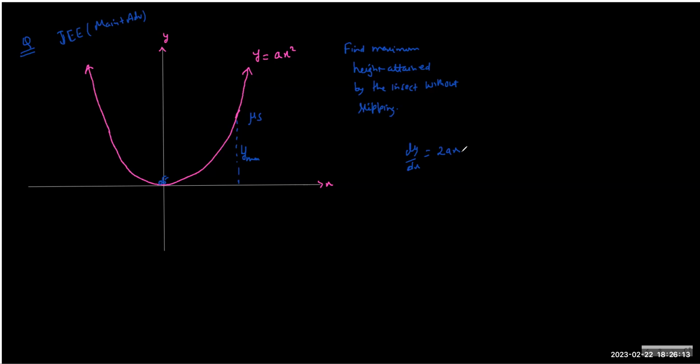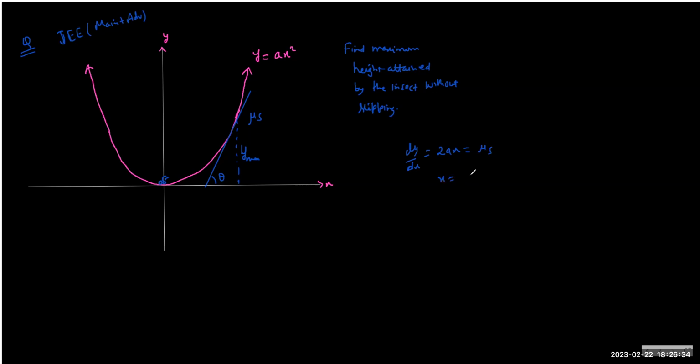Very nice. So now dy dx is 2ax. This is called slope, right? And what should the slope be? If you draw a tangent here, the slope represents this angle, right? Tan theta. And you can climb only up to mu s.